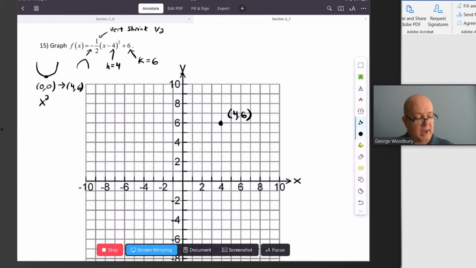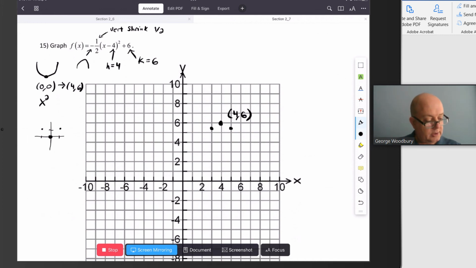Now, remember the pattern was 0, 0, 1, 1, and negative 1, 1. So those were down 1, out 1. But for this function, because of the 1/2 in front of it, it's going to be down 1/2, out 1. So down half, out 1, down half, out 1.